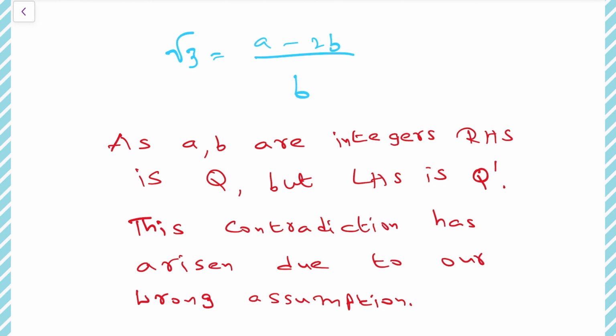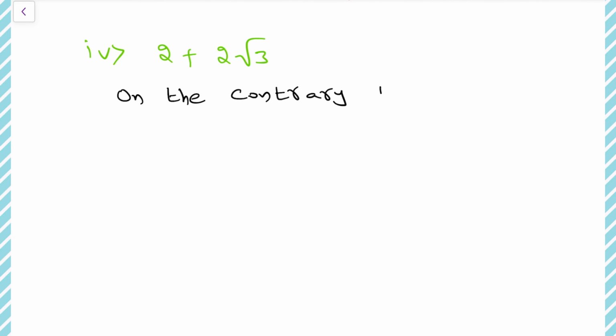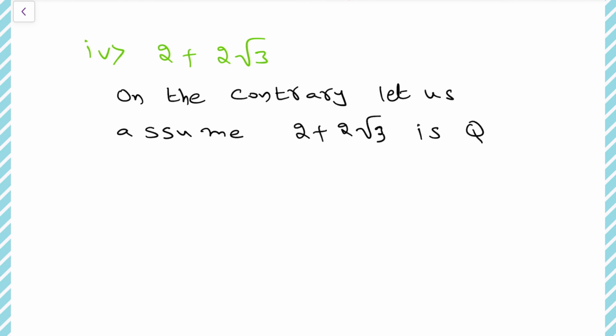Next, coming to question number 4: 2 plus 2 root 3. First statement is as usual. On the contrary, let us assume 2 plus 2 root 3 is rational.